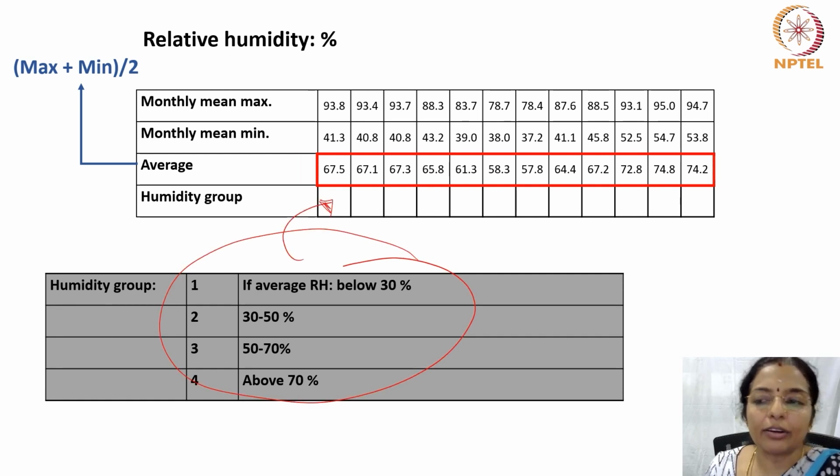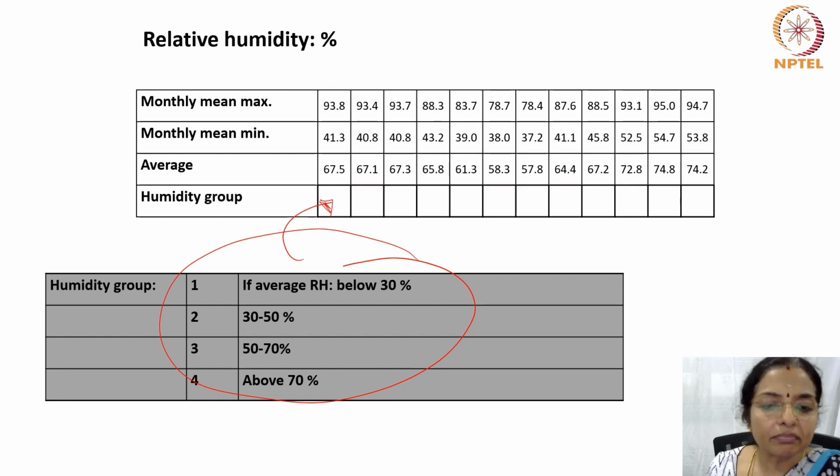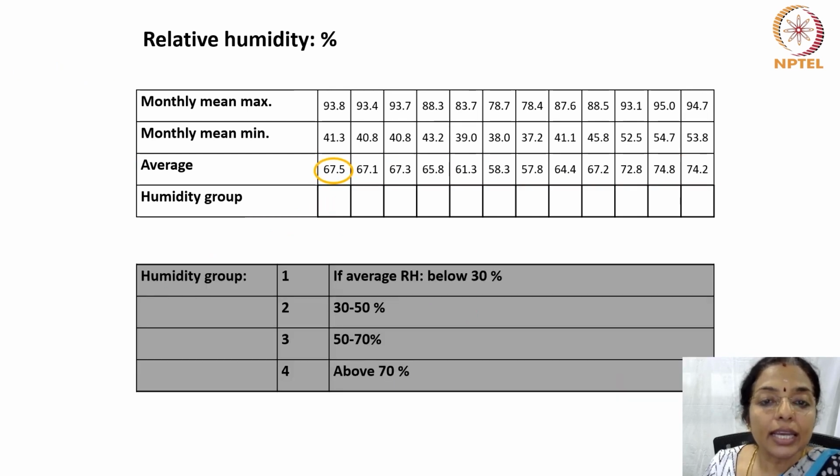Now that table says that if the humidity is 67.5, it falls under this category. So here you will simply write 3. Similarly, 67.1 falls in this category, it is 3. 67.3 falls in the third category, it is 3.